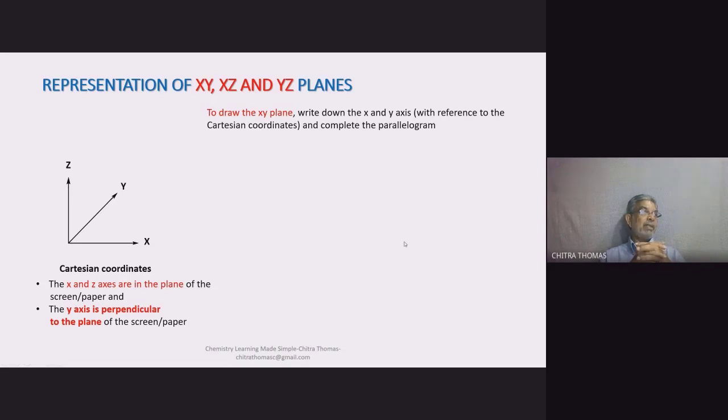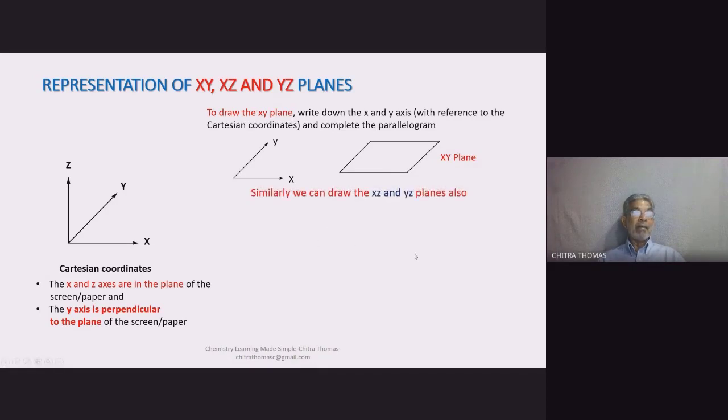Has anyone completed that? Okay. So this is X and Y. Then I complete it. So this is the XY plane.